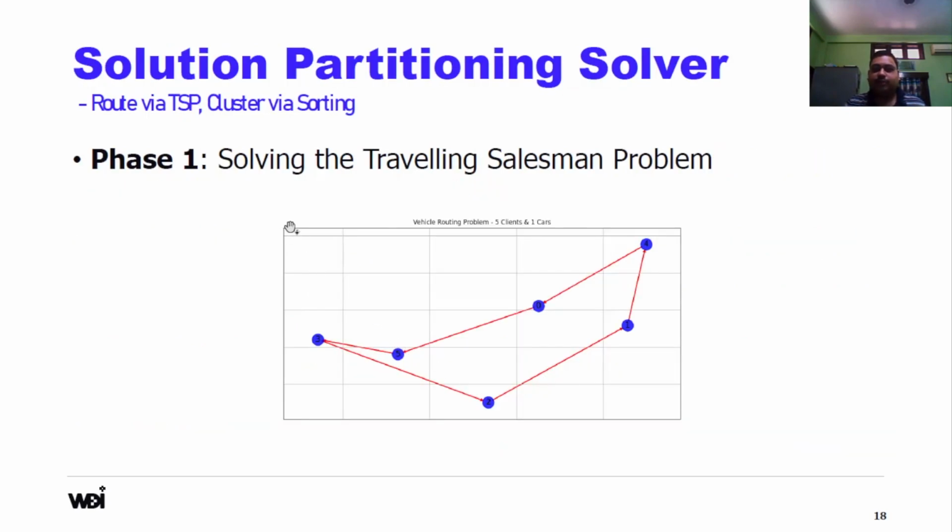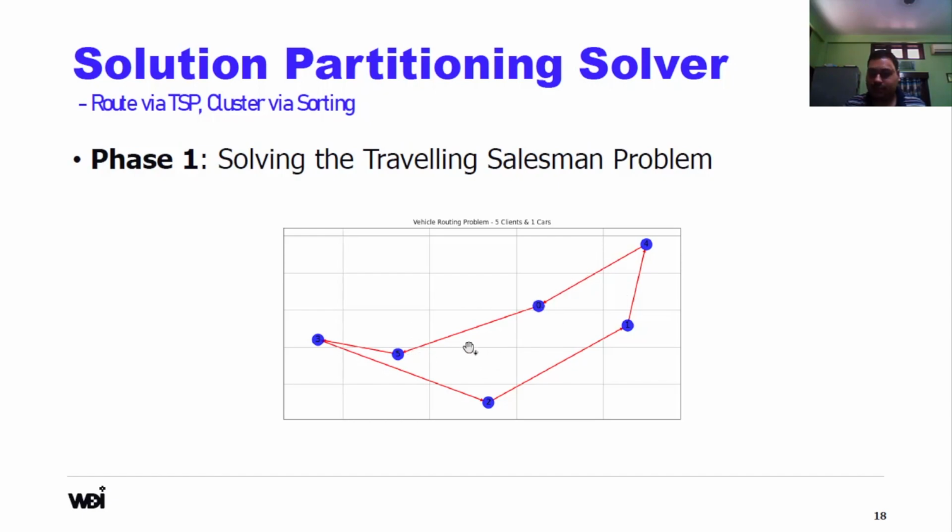So here is the first phase of the solution partitioning solver, the traveling salesman phase. In this phase, we are essentially considering the same problem that we had considered for the Maxwell partitioning solver, the problem with 5 clients and 2 vehicles, except now we have only one vehicle because we're treating it as the traveling salesman problem. And this is the route that is found by solving the TSP for this problem.